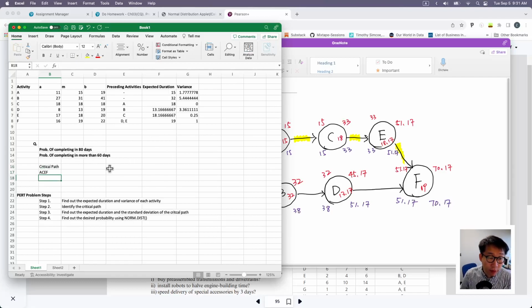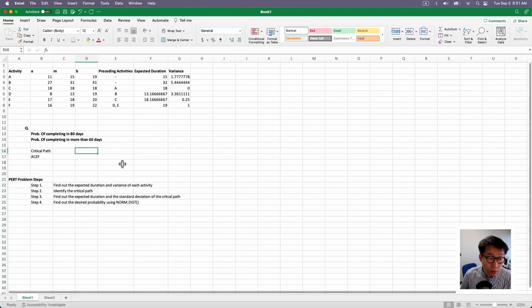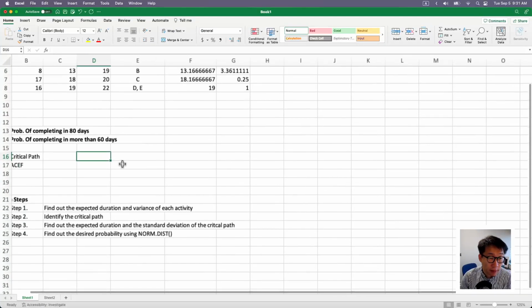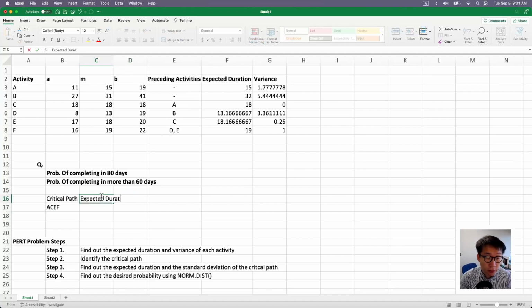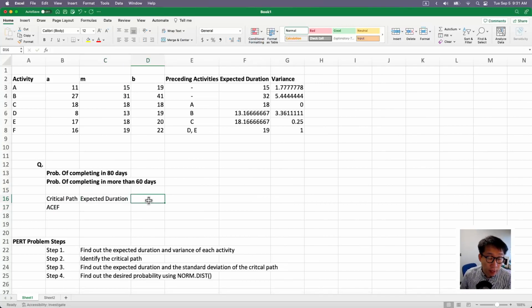For my critical path, I need to know the expected duration. For your critical path, you need to know the standard deviation eventually. But you cannot go there directly.